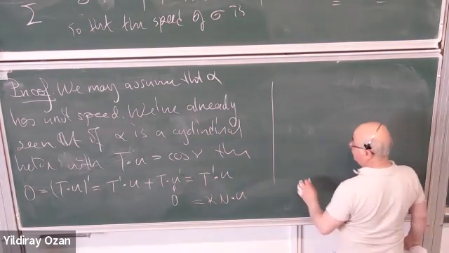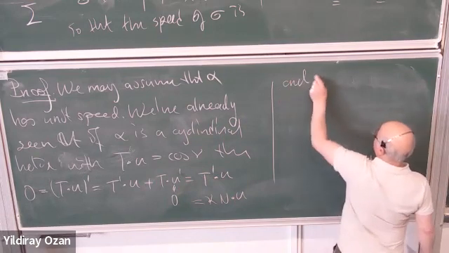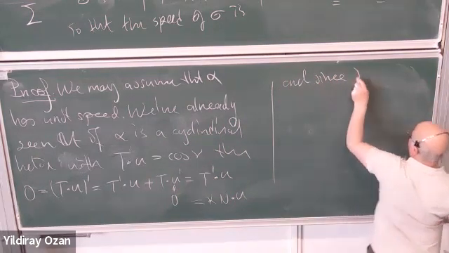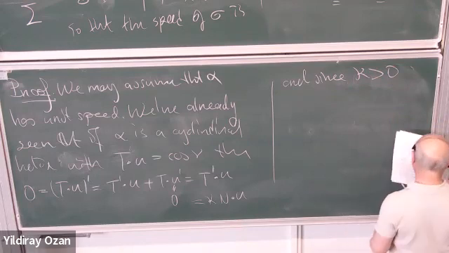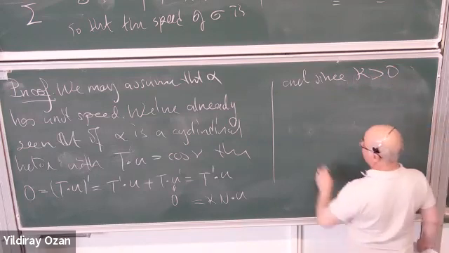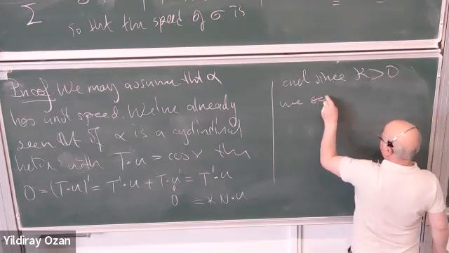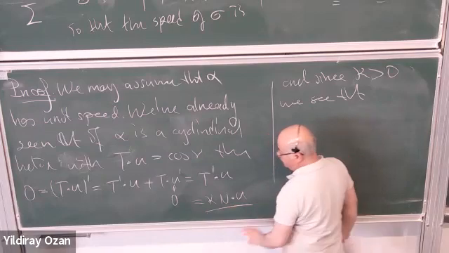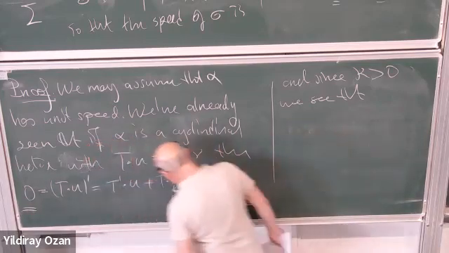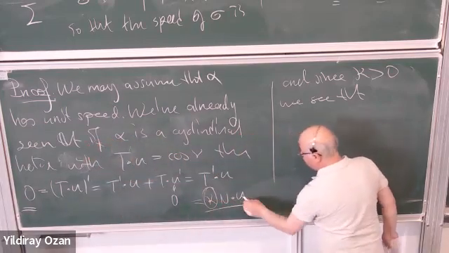Since we are given that the curvature is never 0, it's always positive, this product is 0 and this number is not 0, therefore N dot U is 0.